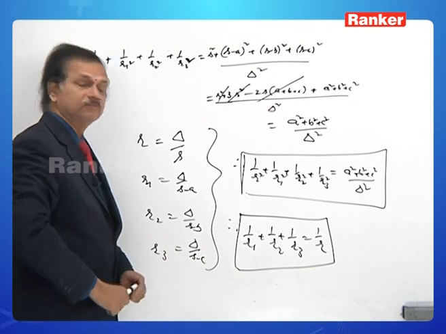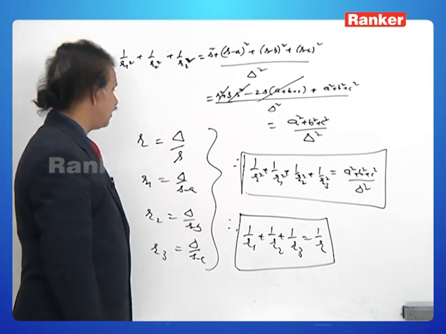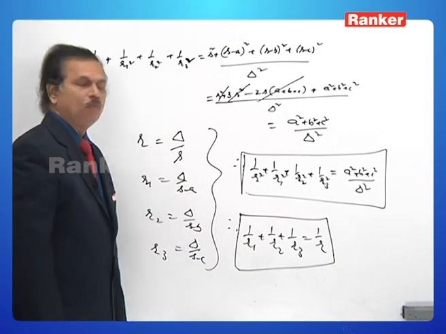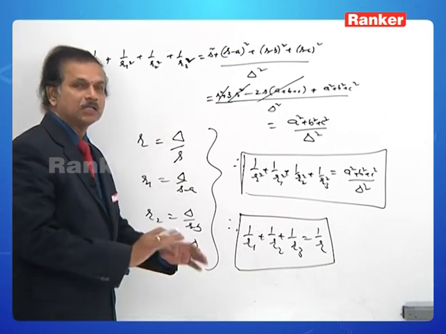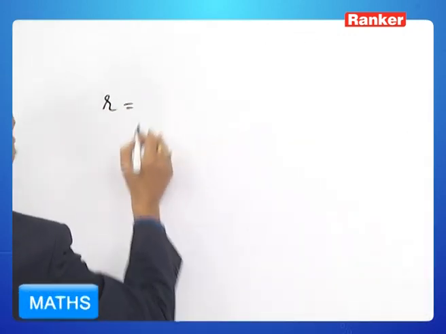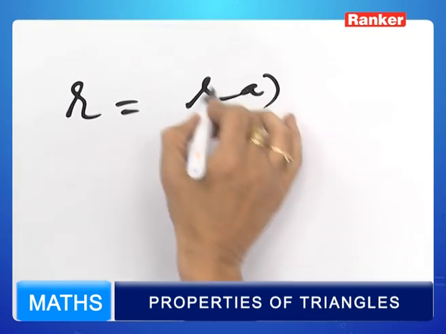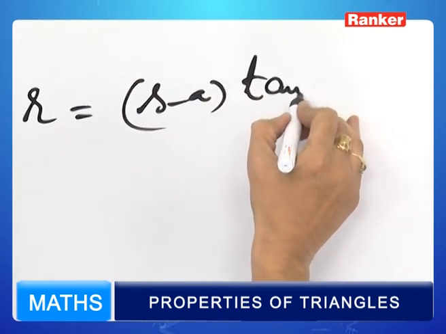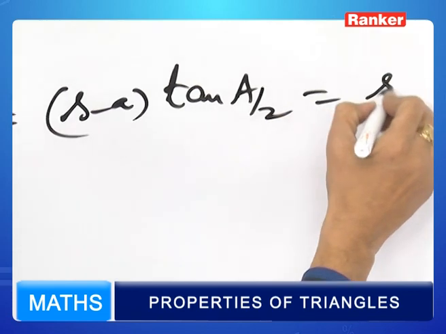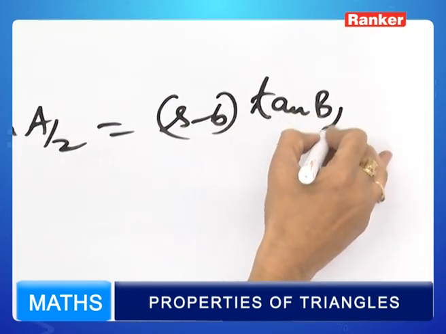This is regarding R, R1, R2, R3 in view of these formulae. Well, let us concentrate on the second set of formulae. Small r is equal to (s minus a) tan A by 2. The same can be (s minus b) tan B by 2.